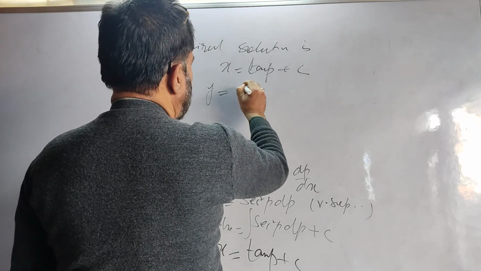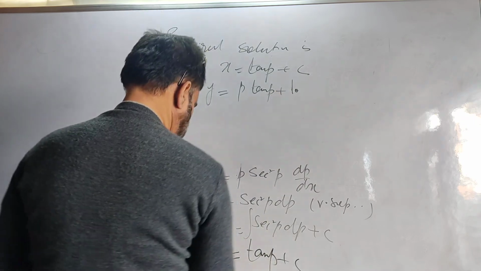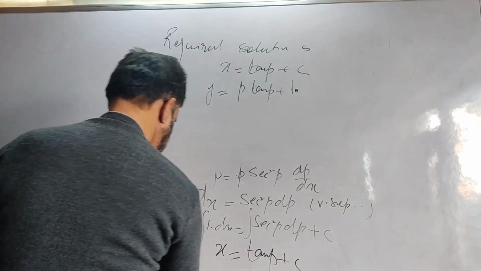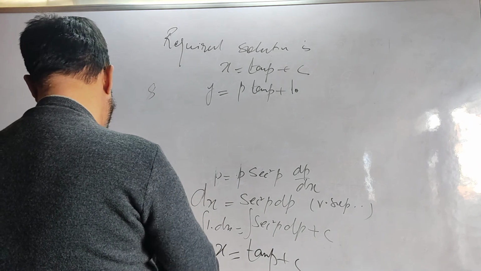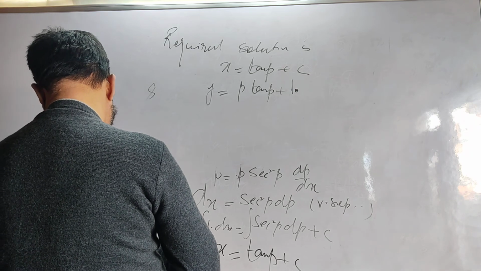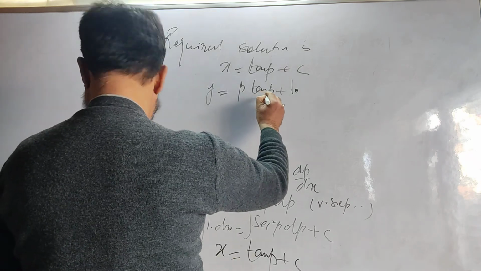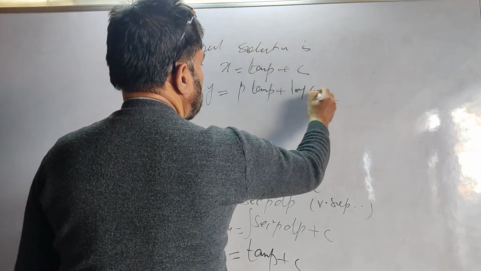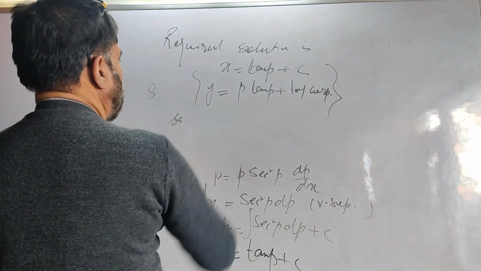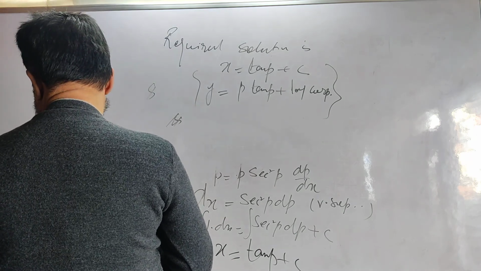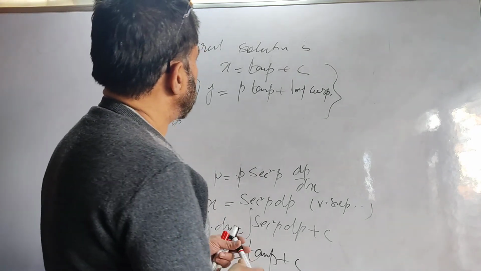What was the given equation? It was y is equal to p tan p plus log of cos p, and this is the solution. x is equal to tan p plus c, y is equal to p tan p plus log cos p, because it is difficult to eliminate p, it is time consuming.